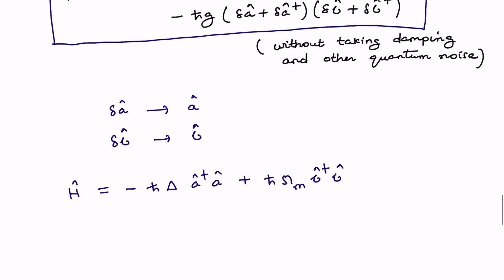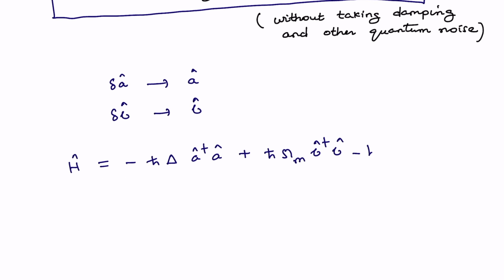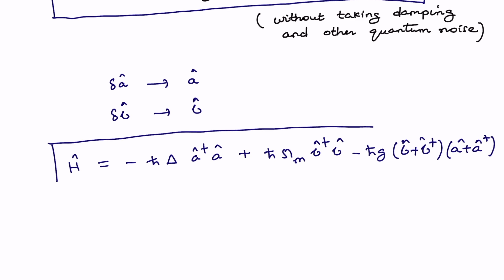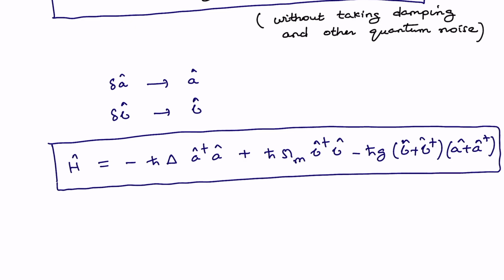And the last term is h bar z (b plus b dagger)(a plus a dagger). Okay, this is what we have, and this is the most important Hamiltonian that we are now going to deal with. This is called the linearized optomechanical Hamiltonian.